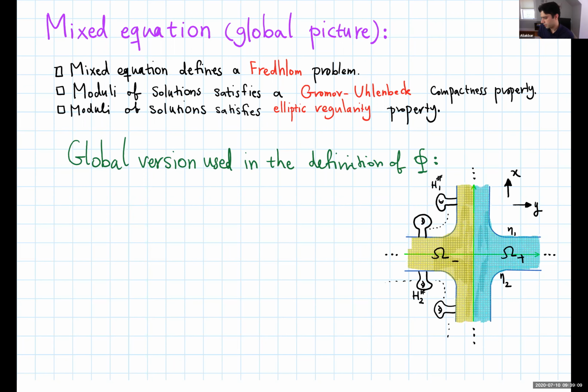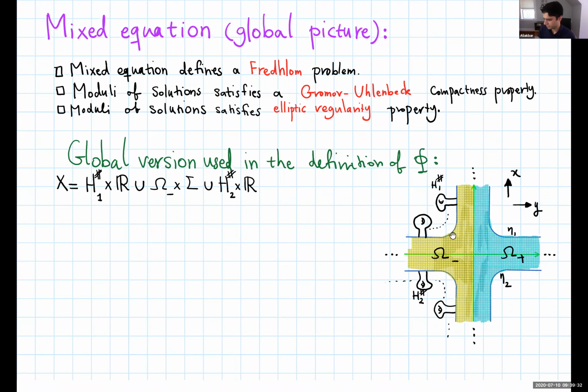Okay, and now to define the map phi, we use some global version of this mixed equation. So there's a four-manifold part, which, in this case, is going to be cooked up from our Heegaard splitting. So it's going to be handlebodies here, H1 sharp and H2 sharp coming from our handlebodies.